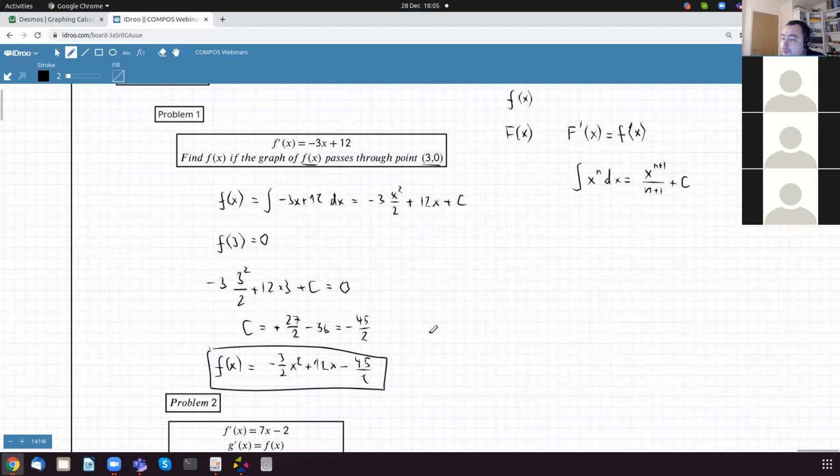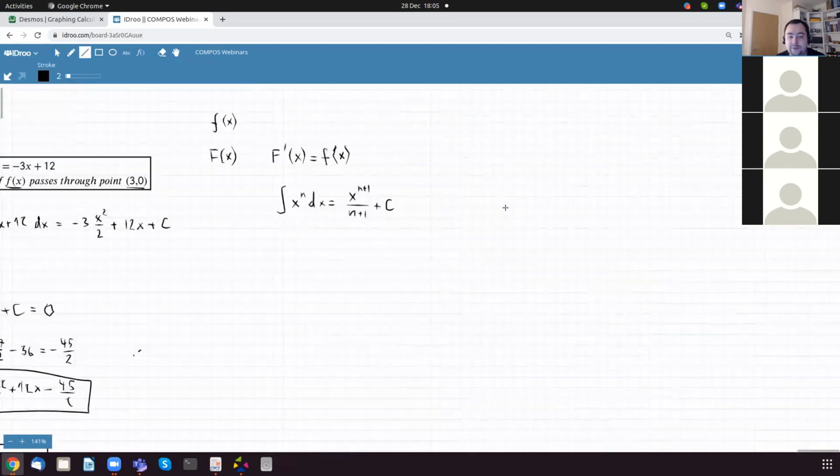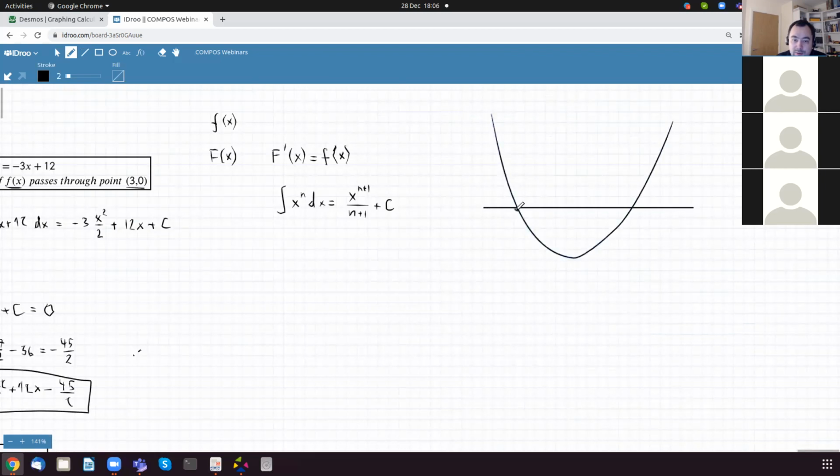Well, if you know the zeros of the quadratic, so for example, if you have a quadratic curve and you know the zeros, x1 and x2, if you know where it intersects the x-axis, you can write that y is equal to a(x minus x1)(x minus x2).